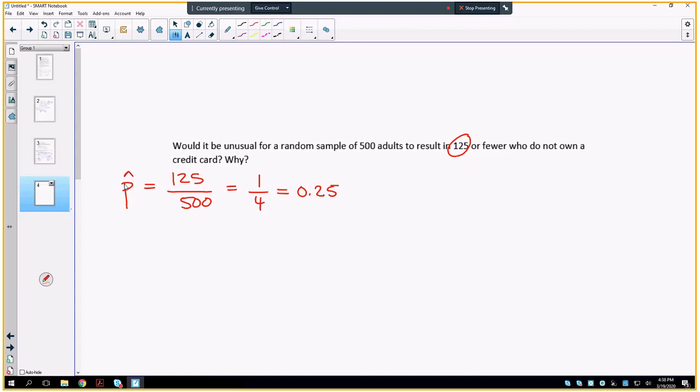Well, so we need to know what it means to be unusual. And in our lecture on normal distribution, I misspoke just a little bit, so I'm glad I have a chance here to clear this up. So I said in that video that being unusual and being an outlier were the same. So I'm going to clear this up here. More than 3 standard deviations above or below the mean, we call that an outlier.